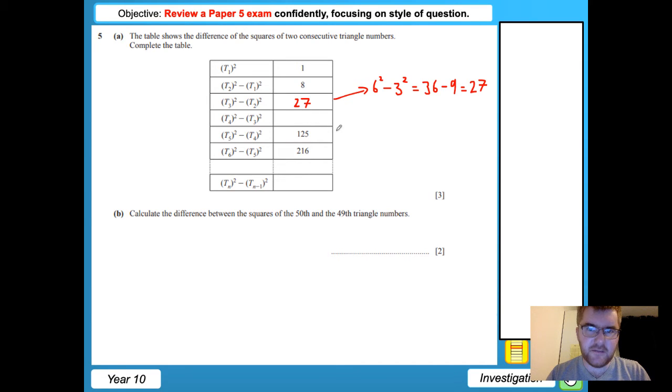Now you can do the same thing manually like we just did here, but hopefully you see a pattern again. It's all about looking for patterns. So I'll give you 10 seconds to have a think. What kind of numbers are these?